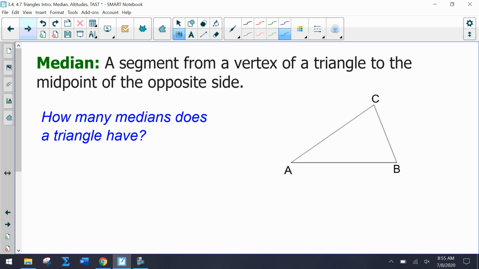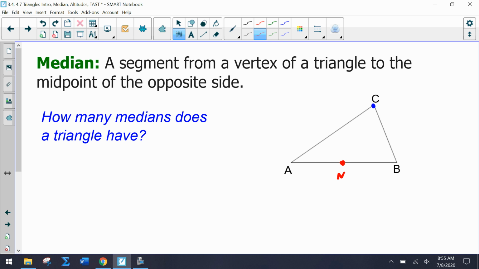Okay, so now we're going to talk about different properties of a triangle. So we have a median. And a median is a segment from a vertex of a triangle to the midpoint of the opposite side. So here is the vertex. Okay, and notice how AB is horizontal. AB has a midpoint.